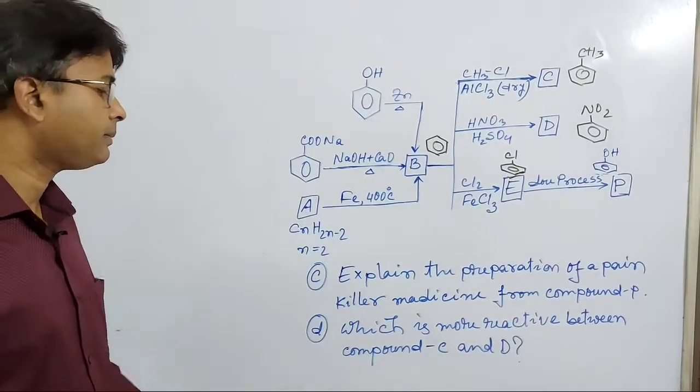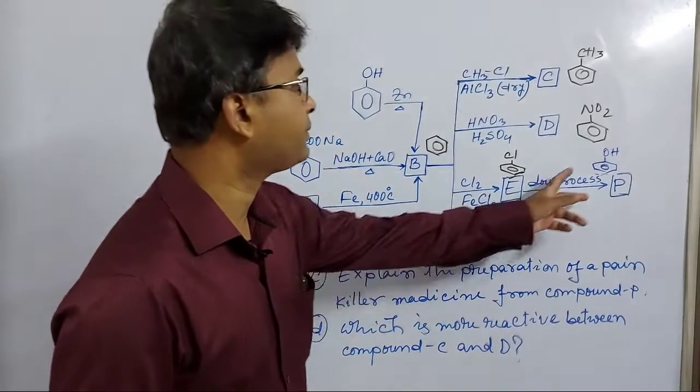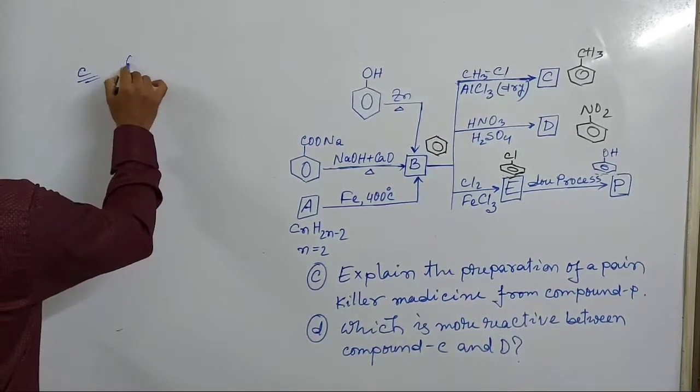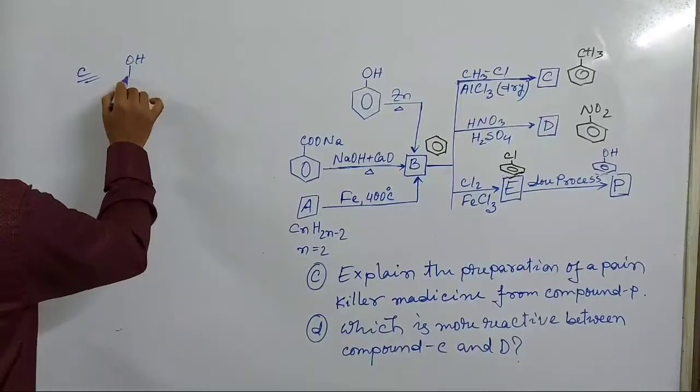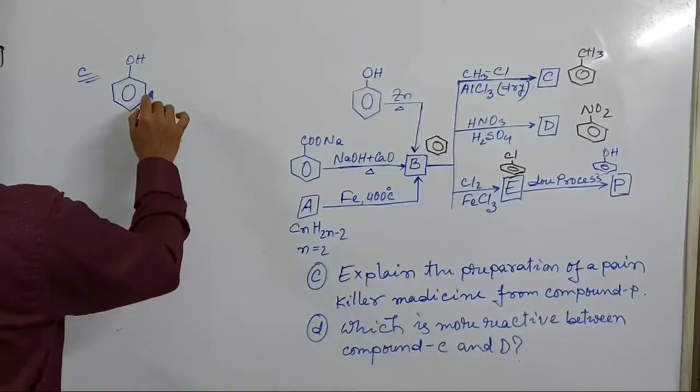Explain the preparation of painkiller medicine from compound P. Compound P is actually phenol. So from phenol, a painkiller medicine, paracetamol, can be produced.